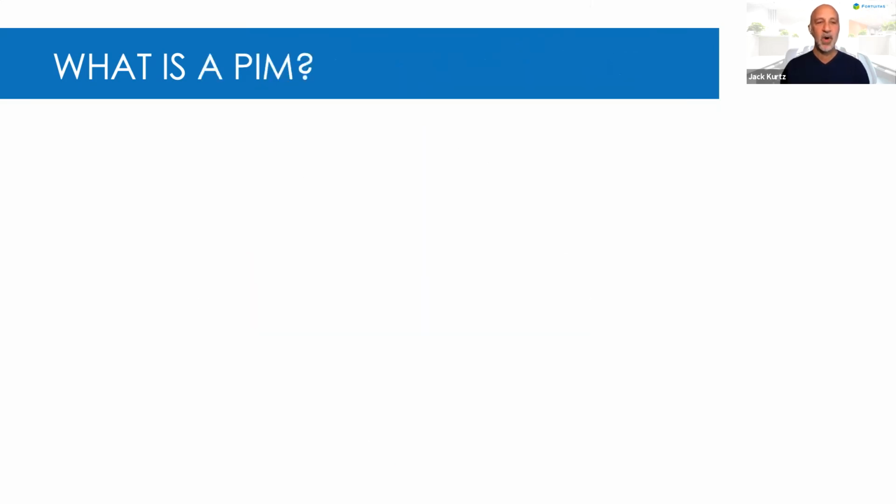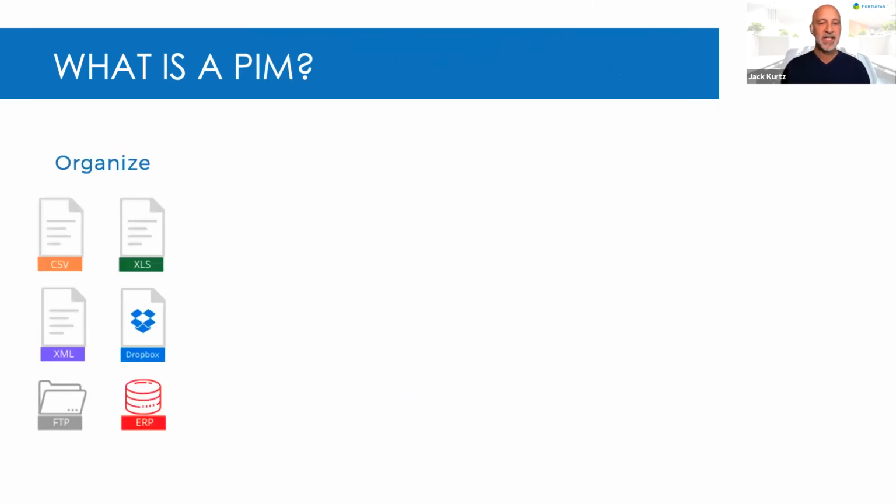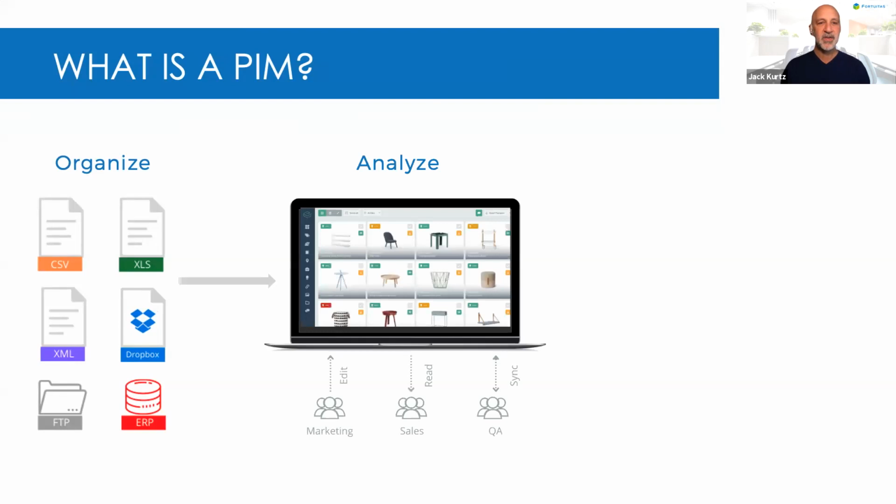Chris talked about what is a PIM, which stands for Product Information Management System, and that's where you can organize all of your data. So if your product data and your images and your pricing and your different languages and currencies are all hosted in various formats, let's say Excel spreadsheets, FTP, your ERP, your Drive or your Dropbox, you can organize all that data and then put it into the PIM and analyze the data, make sure that the data is enriched with the proper formatting.